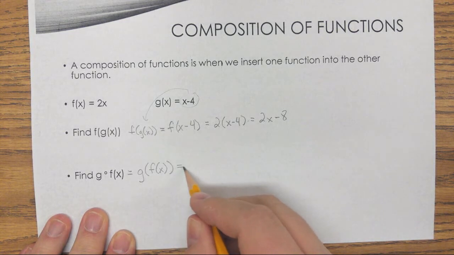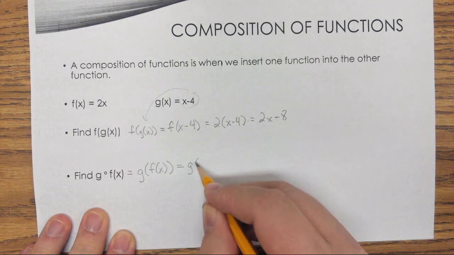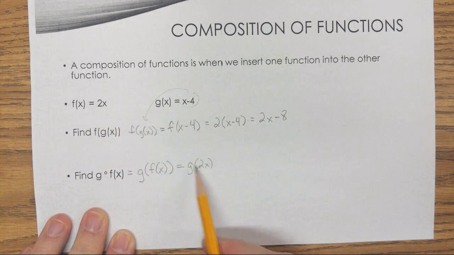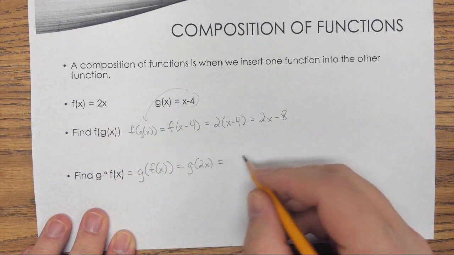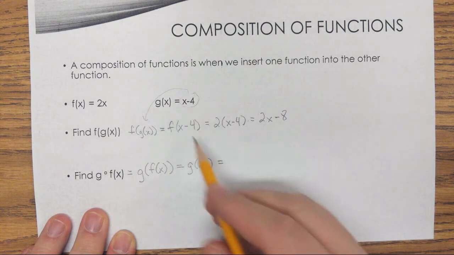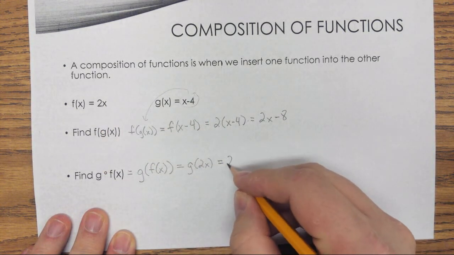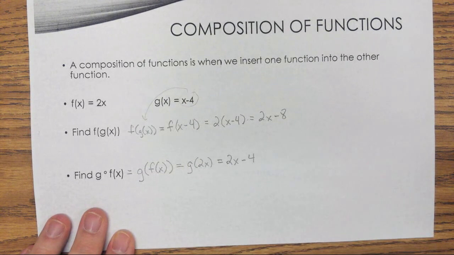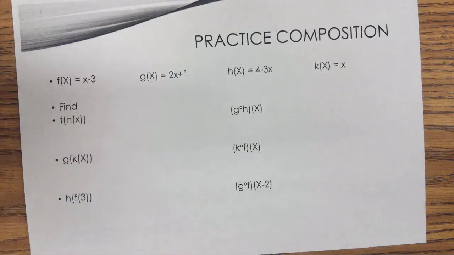So now this one, I'm putting the f of x here and here, so I'm going to do g of 2x. I'm taking that 2x function and plugging it in here for this f of x. Then I'm going to do, I know my function g of x is x minus 4, so I'm just putting the 2x in for the x minus 4. And that's it. That's all there is to these composition of functions.